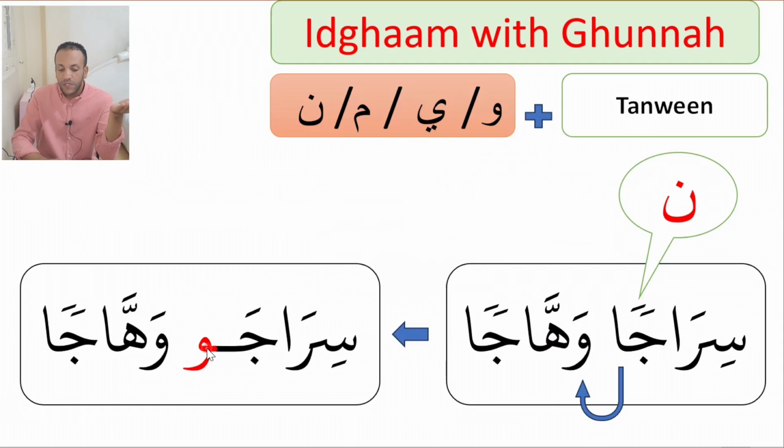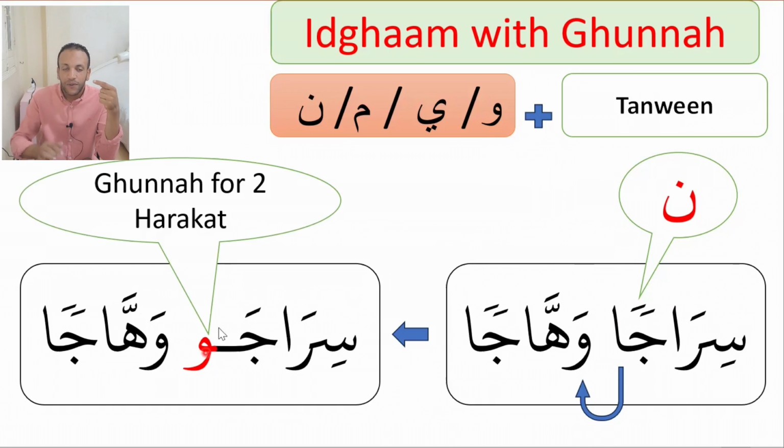Now I will pronounce Waw in the place of the Noon, or in the place of the Tanween. And while pronouncing Waw, you need to make a nasal sound, Ghunnah, for a duration of 2 harakat. So here, if you read like sirajan wahaja, you are not applying anything.